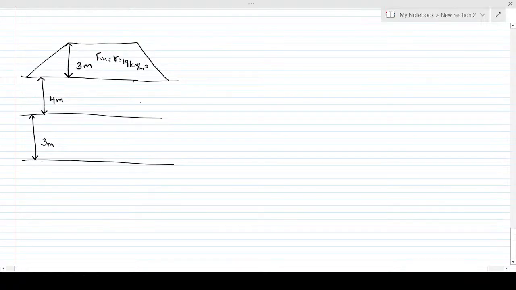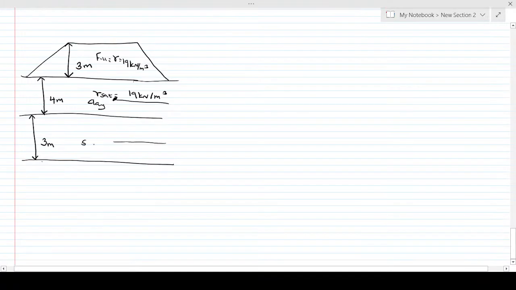We are being told to consider this side as clay, having a saturated unit weight of 19 kilonewton per meter cube.